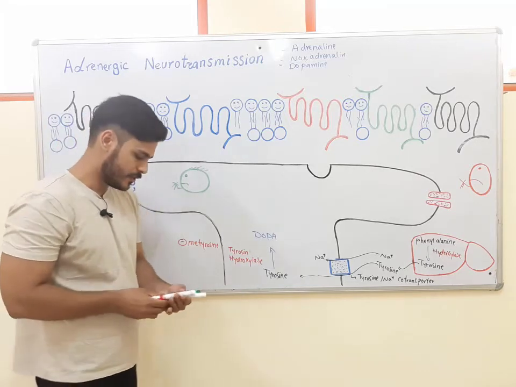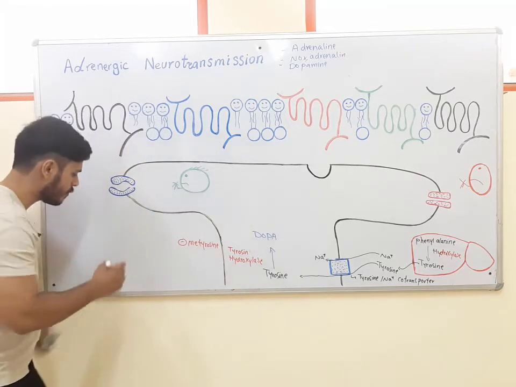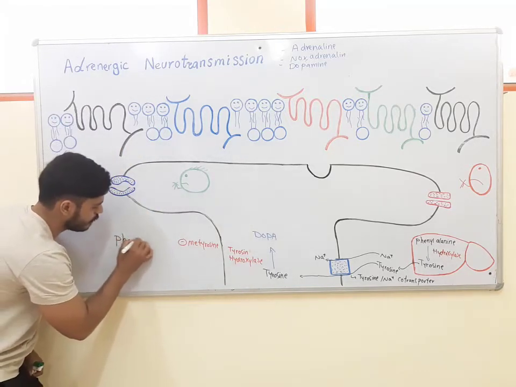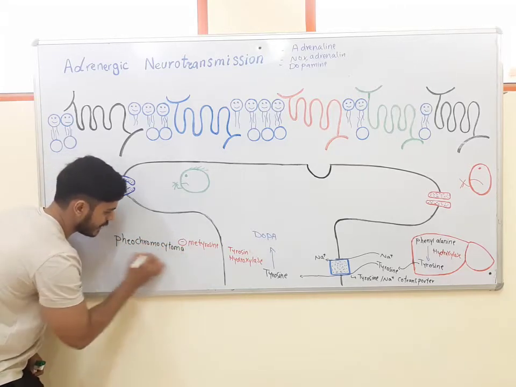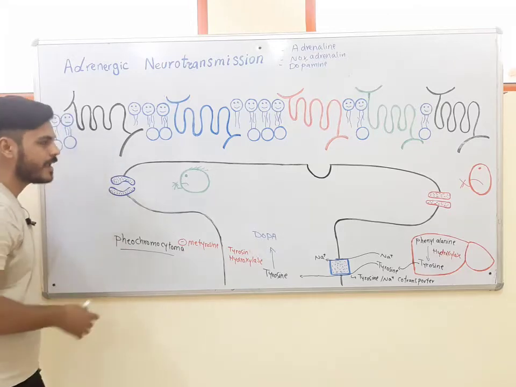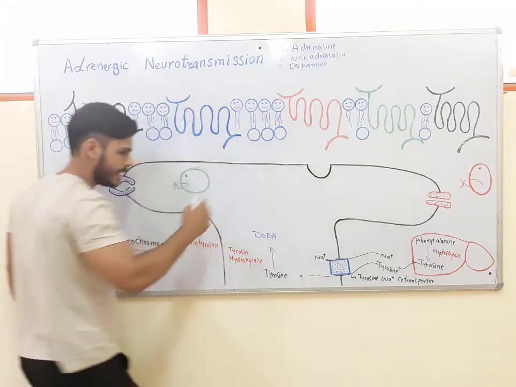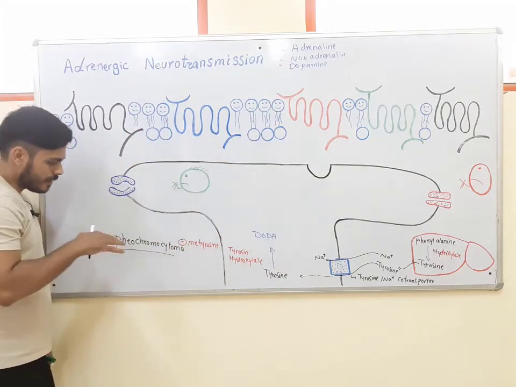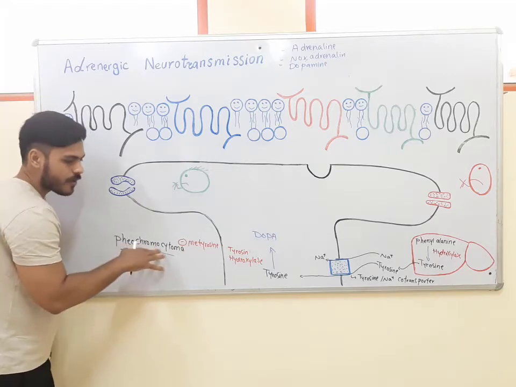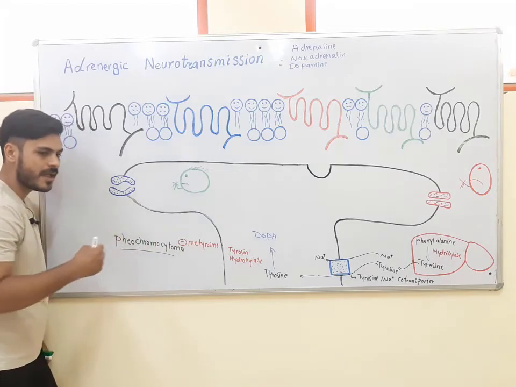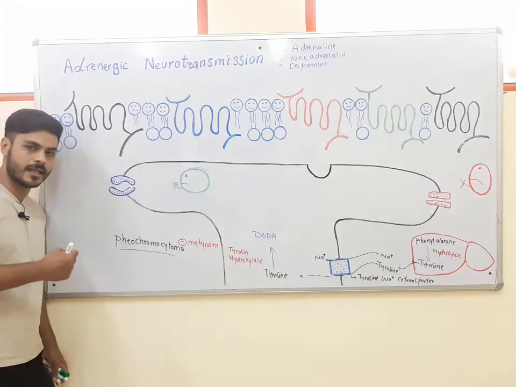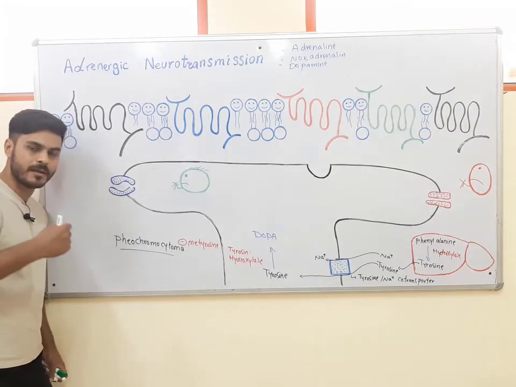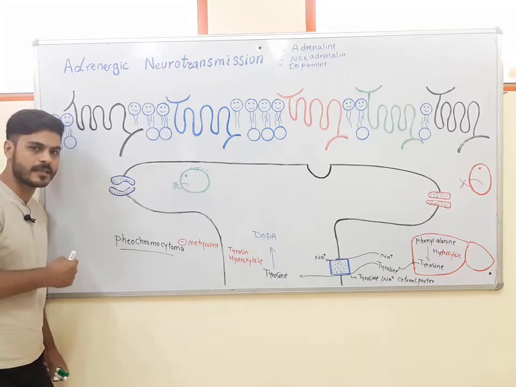We have a tumor, pheochromocytoma, which is a tumor of the adrenal gland. We make adrenaline in the adrenal gland, and if there is a tumor there, we make lots of adrenaline. Now we have to stop synthesis of adrenaline in the adrenal gland.